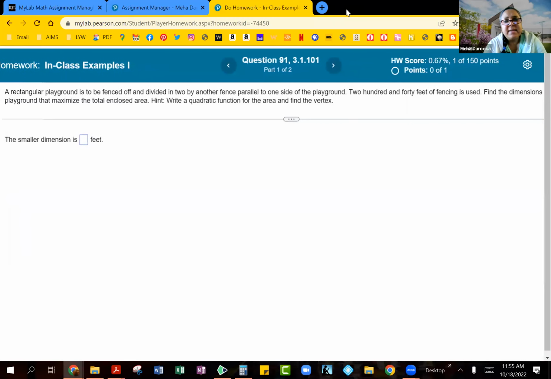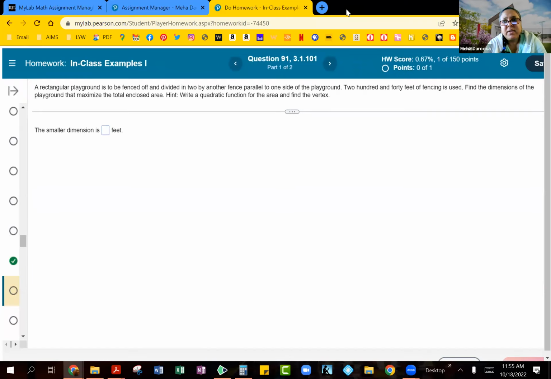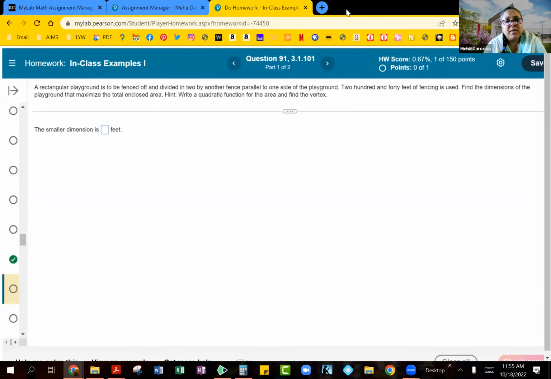So this is actually kind of the example that we did with the rectangular garden before. You can see this one is talking about a rectangular playground that is fenced off and divided in two by another fence parallel to one side of the playground.